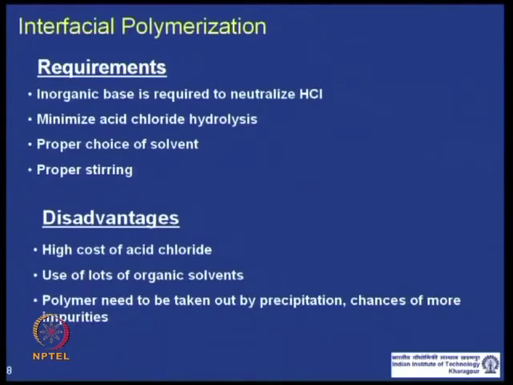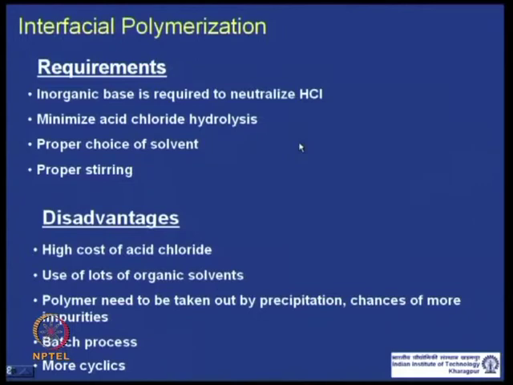So, there are always chances of having more impurities compared to if you are doing it in bulk condition or in a pure solution. And also it is a batch process, it is very difficult to do it continuously, and as this reaction is kinetically controlled, the byproduct HCl is not taking part in the reverse reaction.